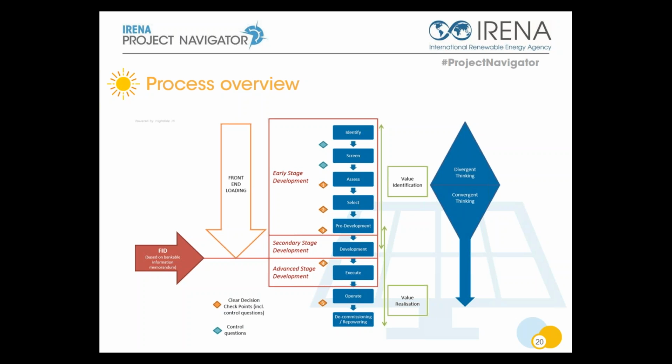By doing this, we expect more successfully realized projects, fewer stranded projects. We expect more effective use of available funds and reduced costs. We also want to make sure that the quality of renewable energy projects improves and that the quality can be assured during the renewable energy development process.